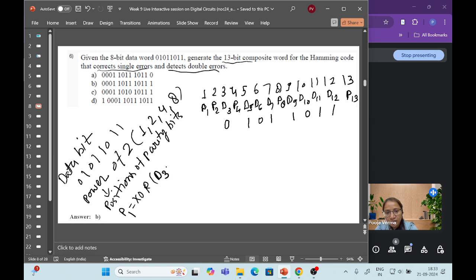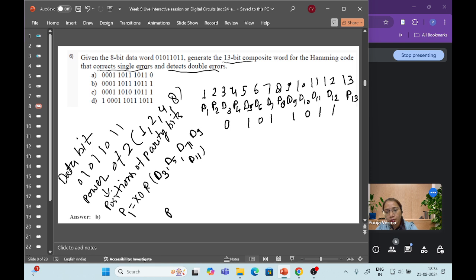So D3, then D5, D7, D9, D11. D13 is the parity bit, so we cannot take this one.